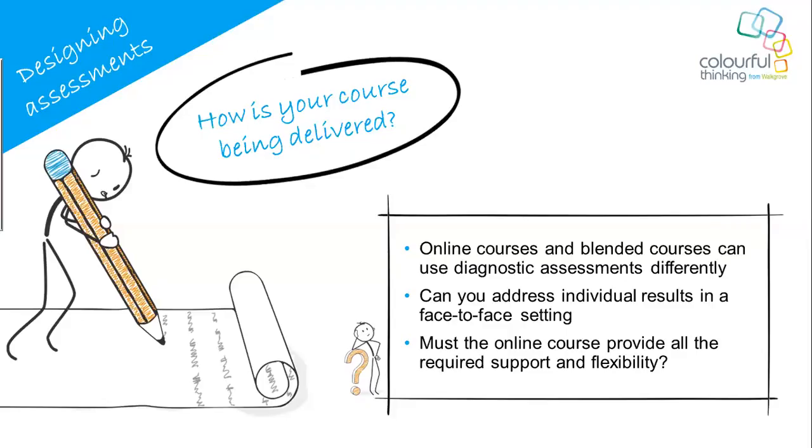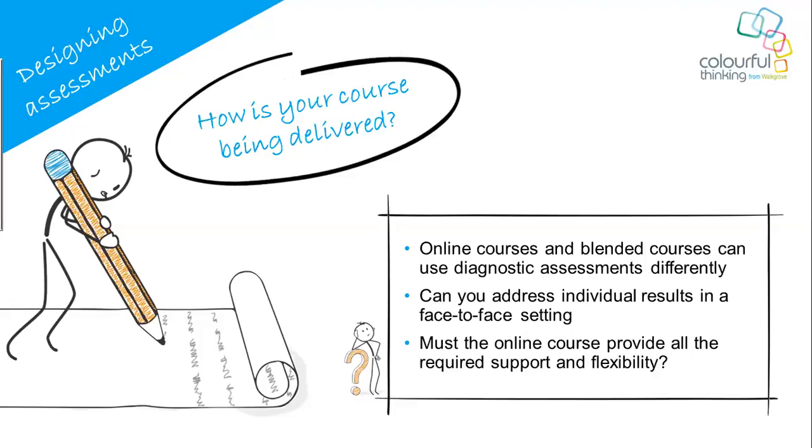On the other hand, if you're using a blended course, you have more flexibility. So you might start off with an e-assessment, as I mentioned earlier, and then you can look through the results before you have any face-to-face interventions and decide what's best, what isn't, and how they can be addressed. So if you can address individual results in a face-to-face setting, that's fantastic.